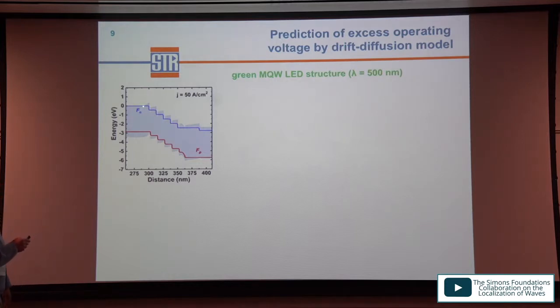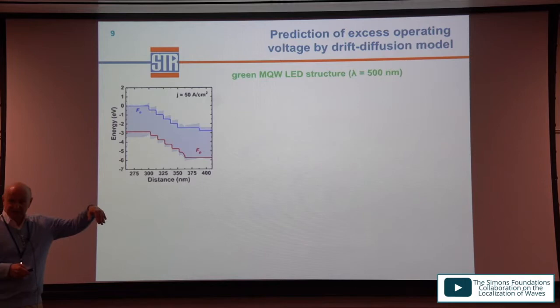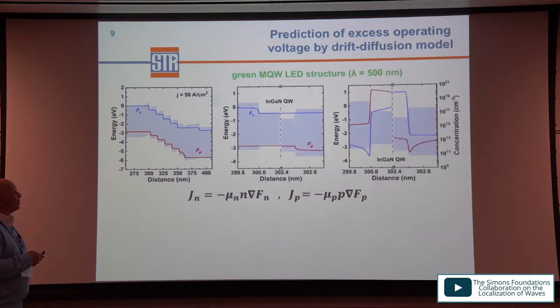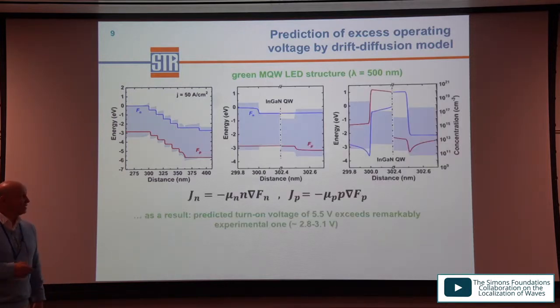Also the quasi-Fermi level shows step-like behavior. And this is the reason for the overestimated operation voltage of the devices.